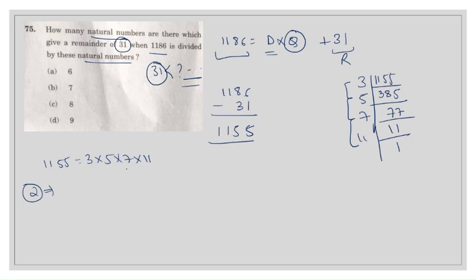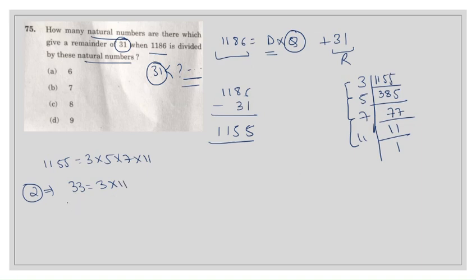Again 21 is smaller than 31, so we won't take it. The reason, as I said, is that the divisor cannot be smaller than the remainder. The divisor needs to be greater than the remainder. Now 3 multiplied by 11 is 33.